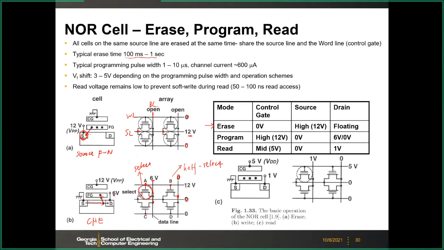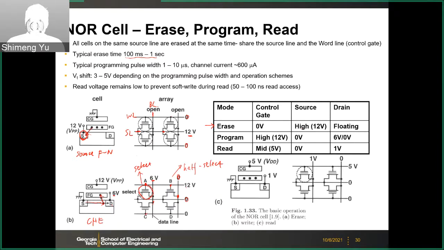So if you keep doing this programming for cell A, then eventually the half-selected cells may shift their VTH, threshold voltage. Here the program condition is on the second row of the table. The programming pulse width is typically 1 to 10 microseconds.